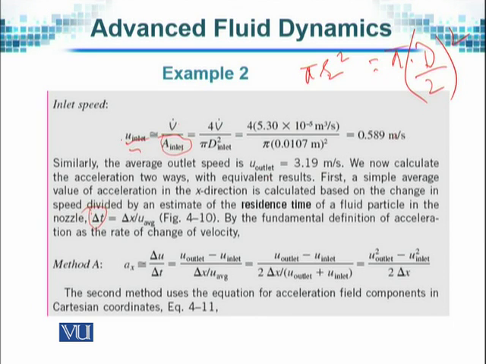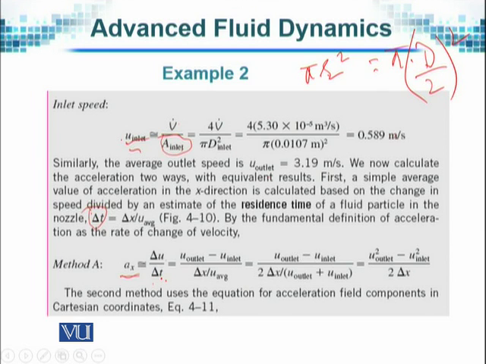So by the fundamental definition, acceleration is the rate of change of velocity, and in this case, since we are averaging things, the rate of change with respect to average velocity. So acceleration in the x component, because the other components are 0, will be delta u by delta t, a small difference in velocity covered in a small difference in time.